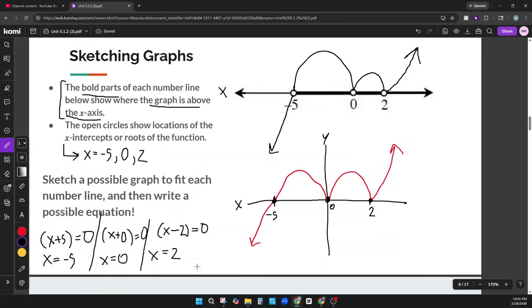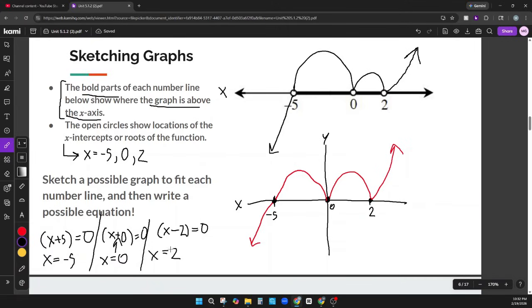So there's a bit of a pattern going on. Whenever we have our parentheses, we always needed to solve for 0, which generally speaking switched our signs. If we had a positive value, we would get a negative answer. If we had a negative value, we would get a positive answer. So in this case, we're starting with the answer. I know that my solution was x equals -5, which means I must have derived this from x plus 5 equals 0.